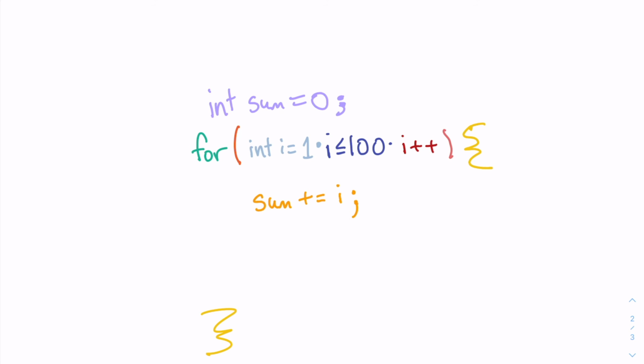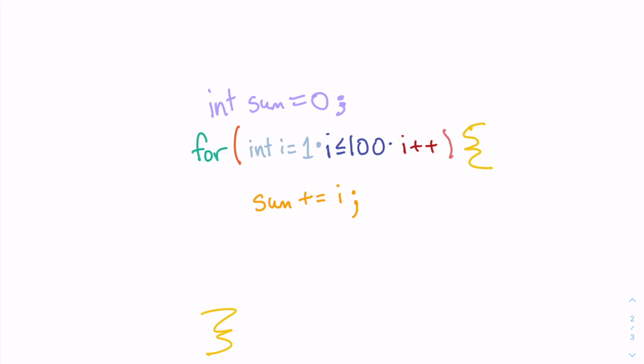And this is the exact same thing as writing sum is equal to sum plus i. Same thing. And whatever statements are inside these brackets, first of all, these statements are going to be executed this number of times, right? So every time you go through i, the statement's going to be executed.